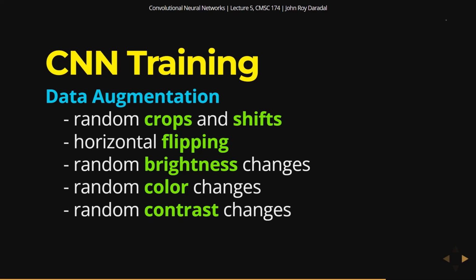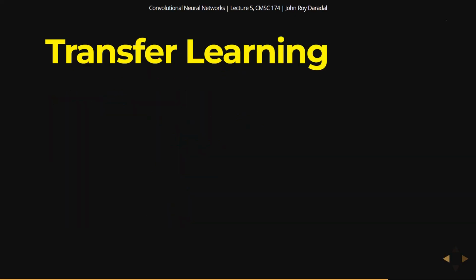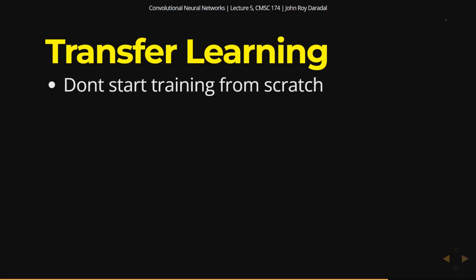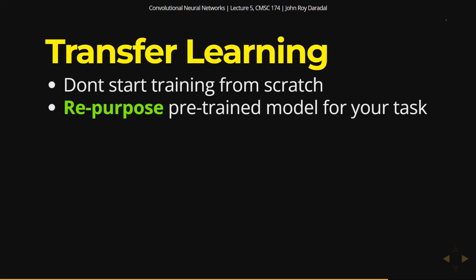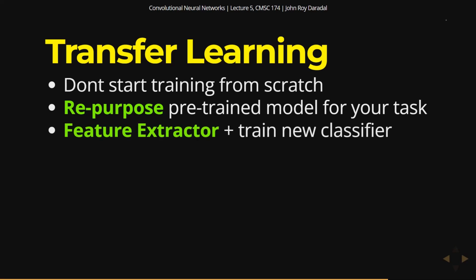Okay, so yeah. Now we also don't need to start training from scratch all the time. We can do something called transfer learning instead. For transfer learning, you're assuming that you already have a pre-trained model. So there's already a CNN model that exists. It was pre-trained already for another task, and then you repurpose that model for your own task. Okay, so you can do it in two ways.